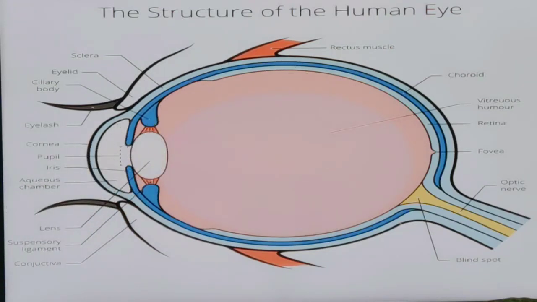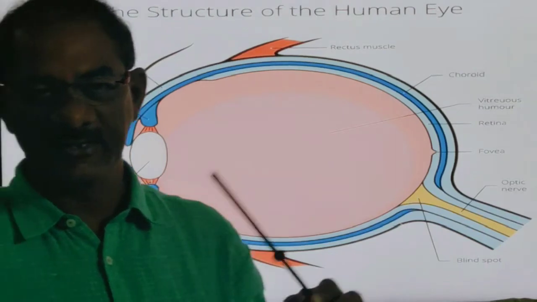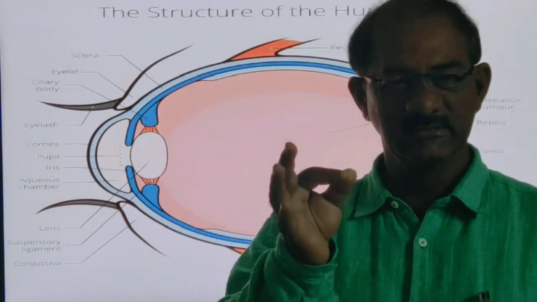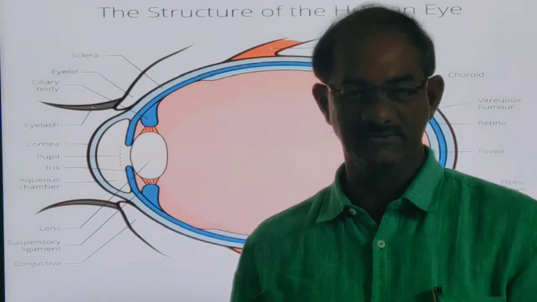So all of these are adopted for color vision. That is the rod cell and cone cell.